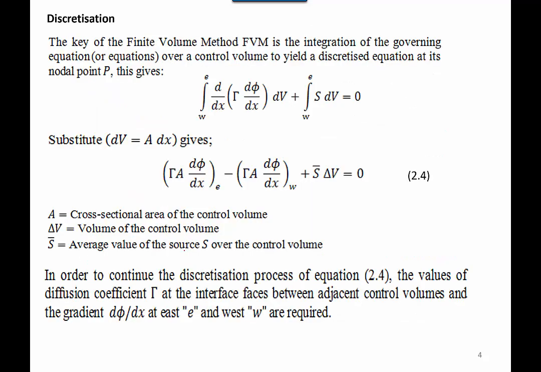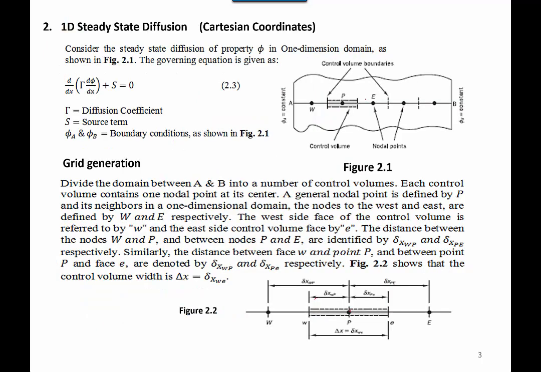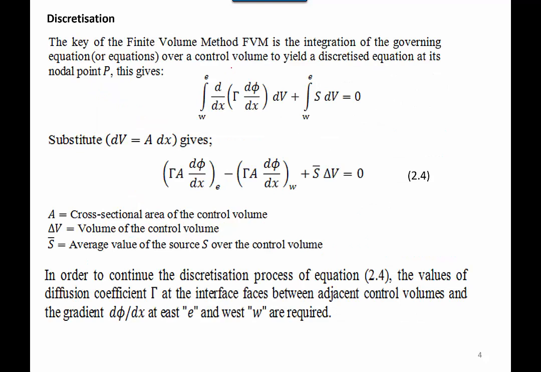Then we will start the discretization technique, which is the integration of the last governing equation. We integrate equation 2.3 from the west side of the control volume to the east side.